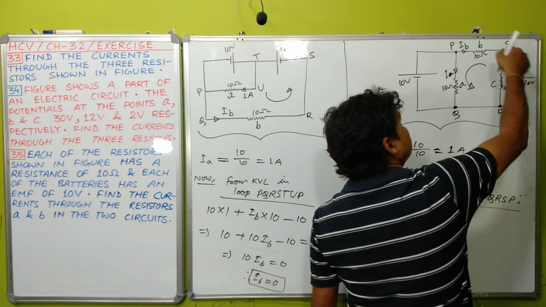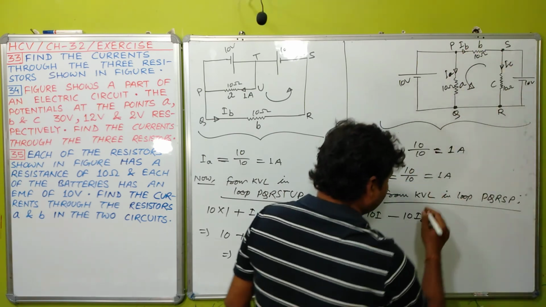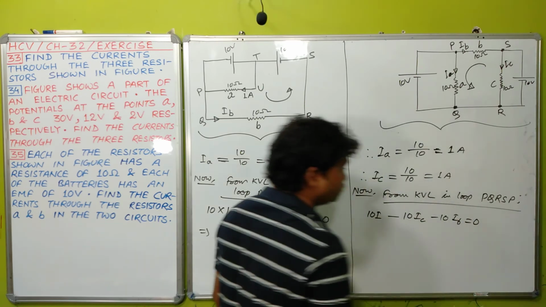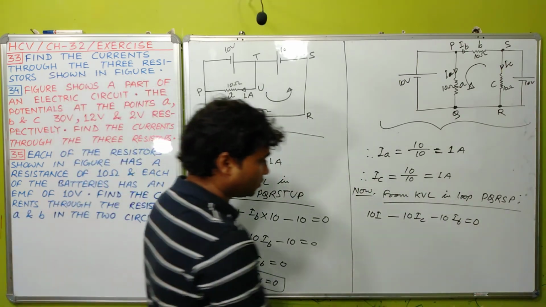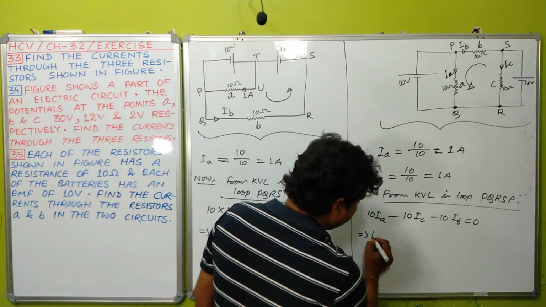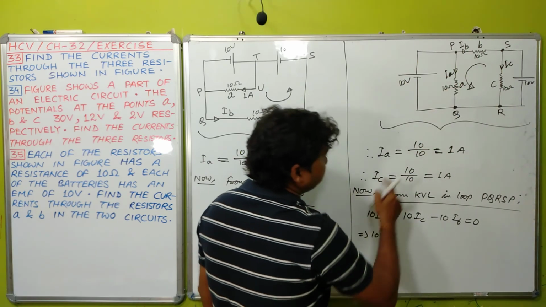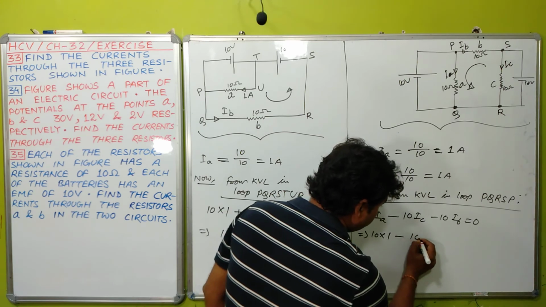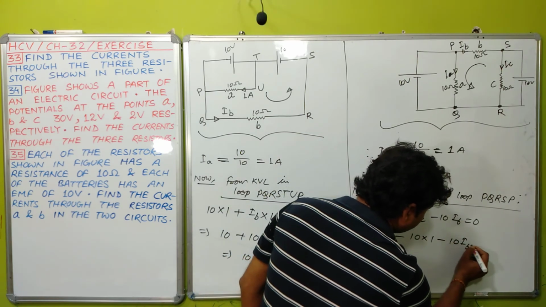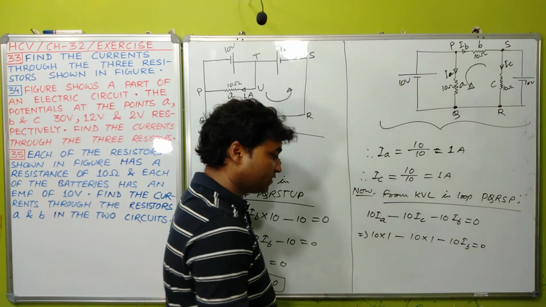Now again we are moving this side, current is flowing this side, so the potential difference across this will be 10 IB equals to 0. Okay student, now from here this is 10 IA. The value of IA is 1, minus 10 into value of IC, which is also 1, minus 10 IB. We have to find the value of IB.